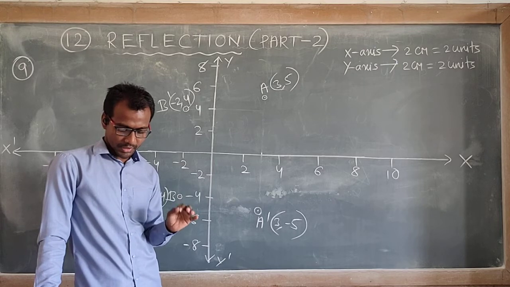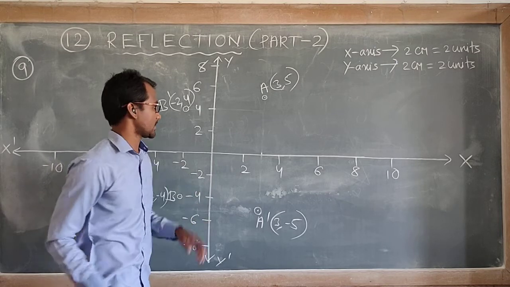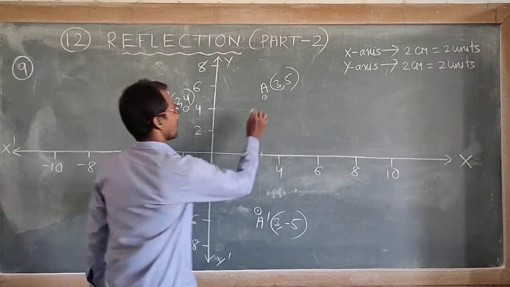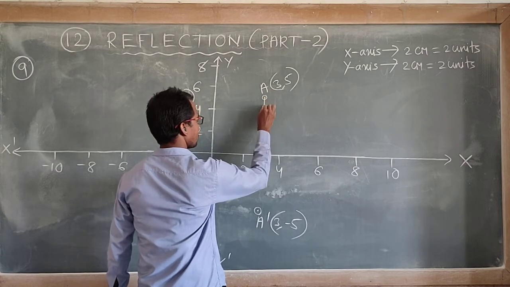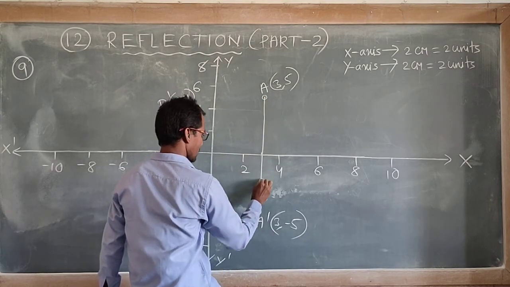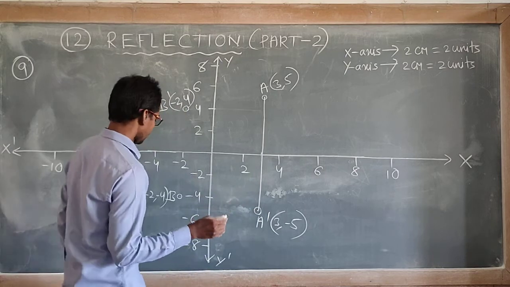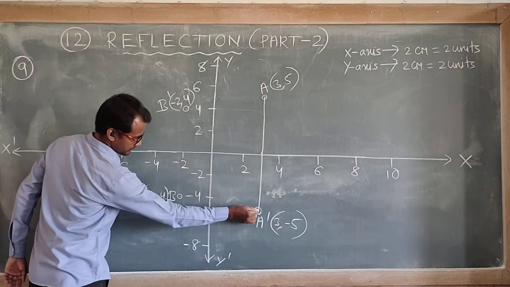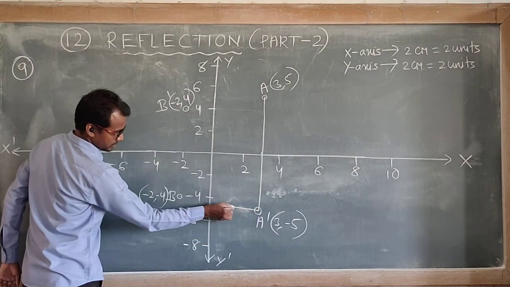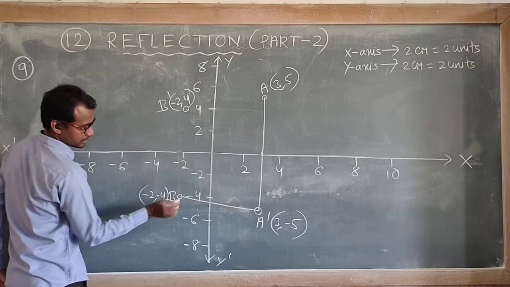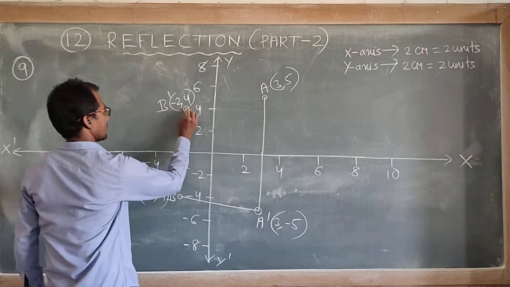Write down the geometrical name of the figure A dash B dash. We have to join A dash, then B dash.